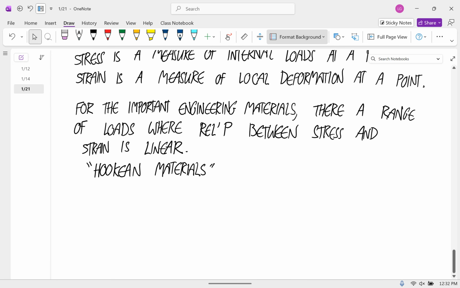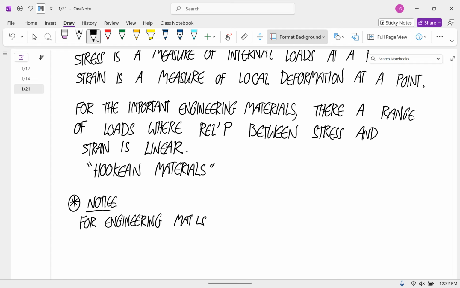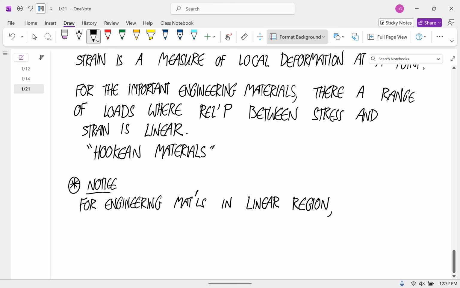One thing I want you to notice, keep in mind, for engineering materials, steel, concrete, even wood, bone, for engineering materials in the linear range or the linear region, so before the forces get so big that permanent deformations happen, strain values are going to be really small.